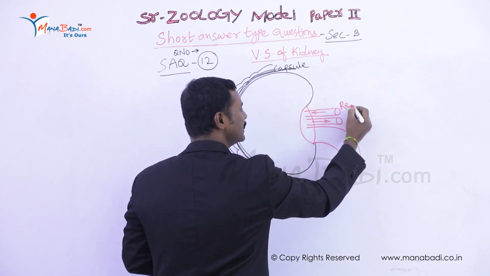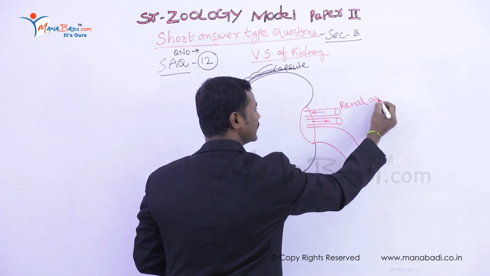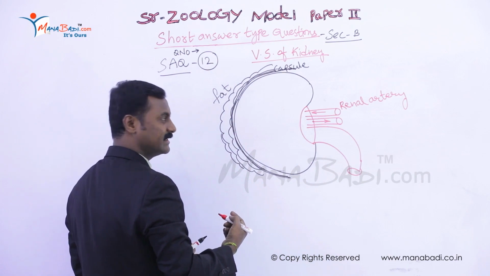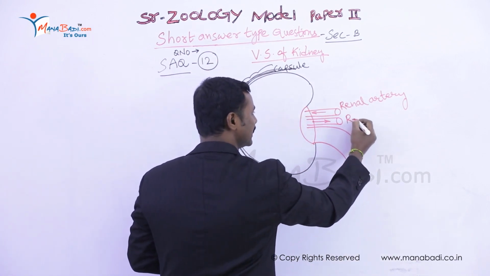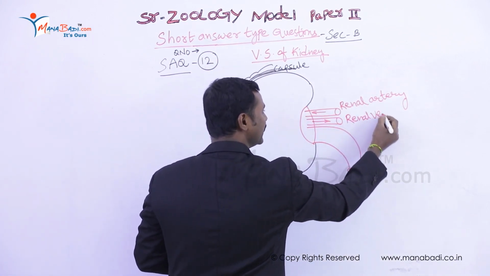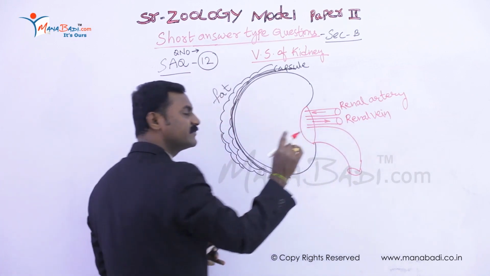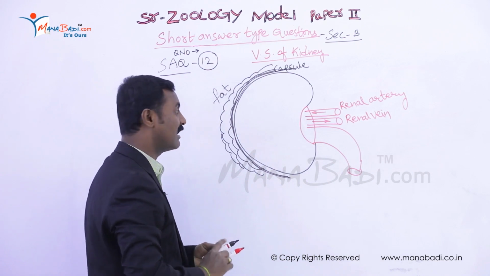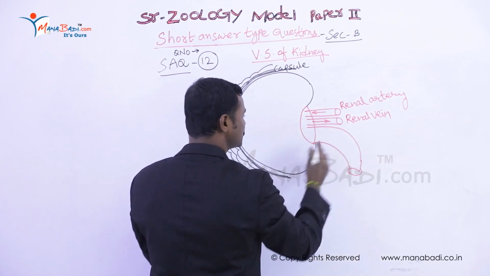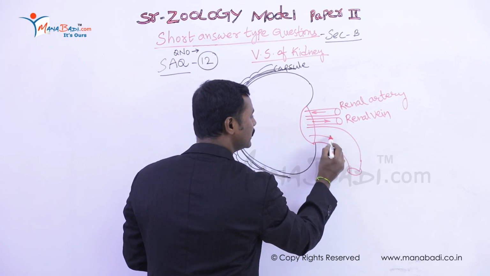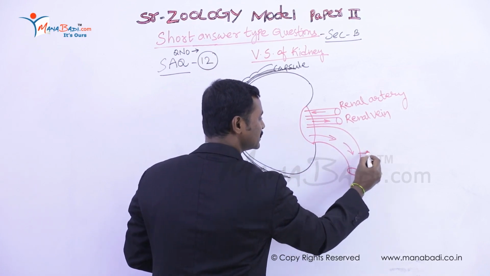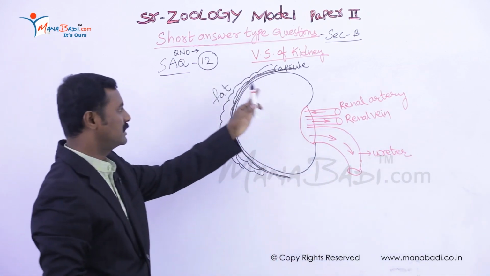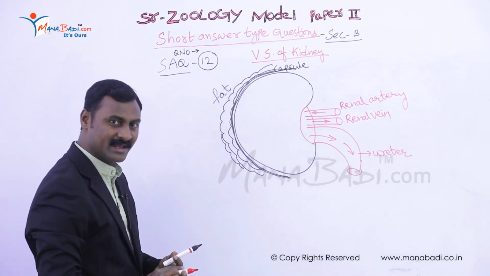This is called renal artery, which is going to give blood into the kidneys. Next one is renal vein, which collects blood from the kidney, which contains more urea. And what is this particular part? This is called ureter. Ureter.